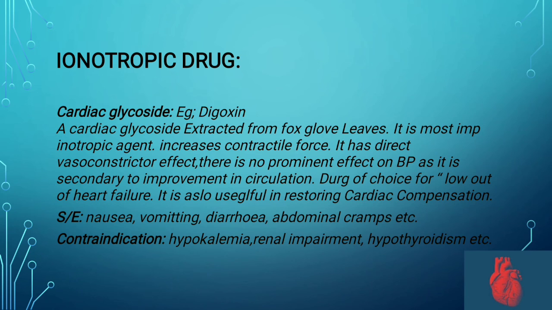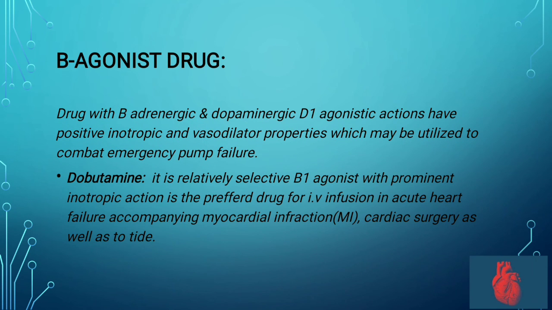Next drugs are the beta agonist drugs. Drugs with beta adrenergic and dopaminergic D1 agonist action have positive inotropic and vasodilator properties which may be utilized to combat emergency pump failure. An example is dobutamine. Dobutamine is a sympathomimetic drug.